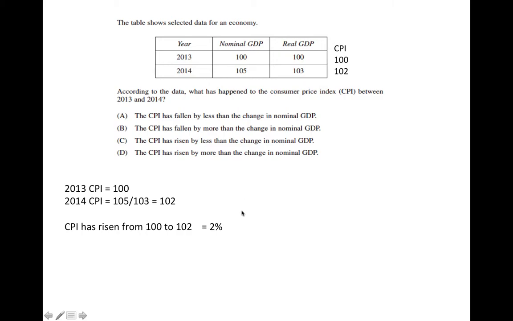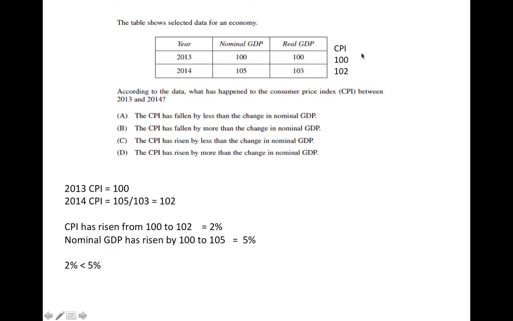Okay, so immediately, if we're looking at our answers, we can scratch A and scratch B, and just have a look at these two. Let's have a look at nominal GDP now. We also know it has changed. It's gone from 100 to 105, and it's risen by 5%. So we now know that the answer is going to be C. CPI has risen by less than the change in nominal GDP.